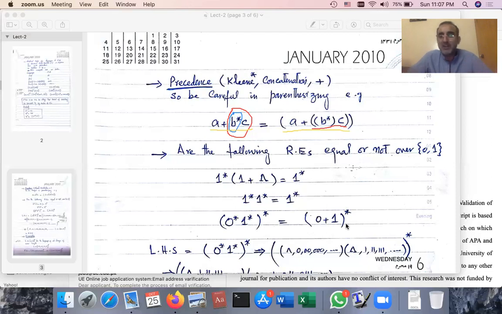And if the sets of elements on the left hand side and the right hand side are equal, then you can say that the left hand side is equal to the right hand side. So it's quite easy.